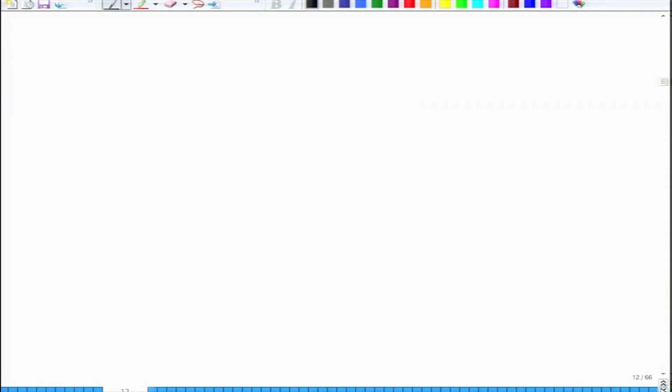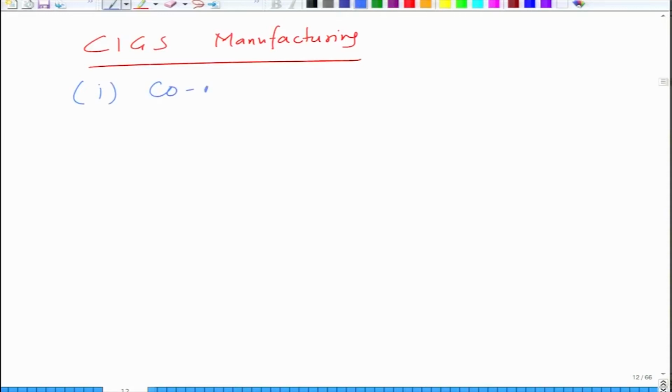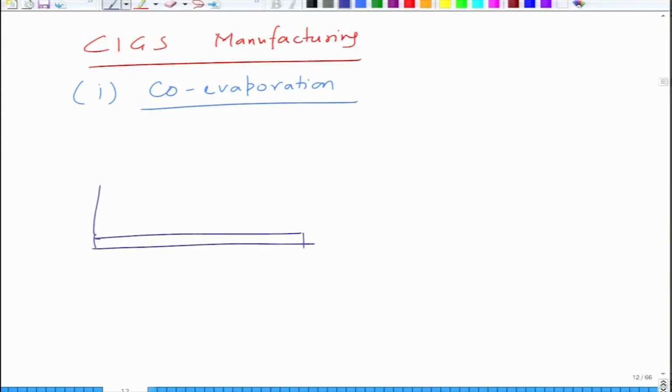How do you make CIGS? CIGS manufacturing, the first process that we take is the co-evaporation. So what you do in this is you have a chamber. So this is the chamber. You have 4 sources.